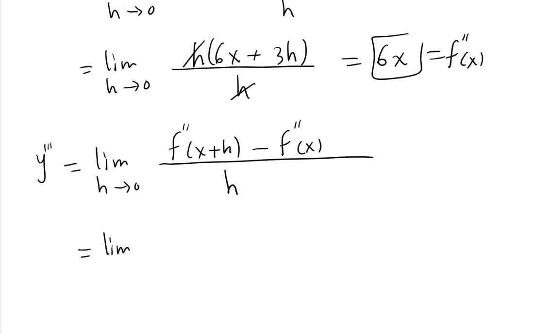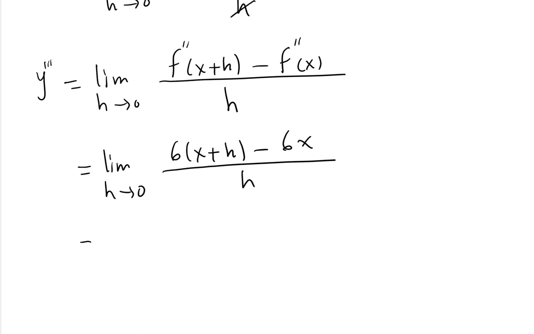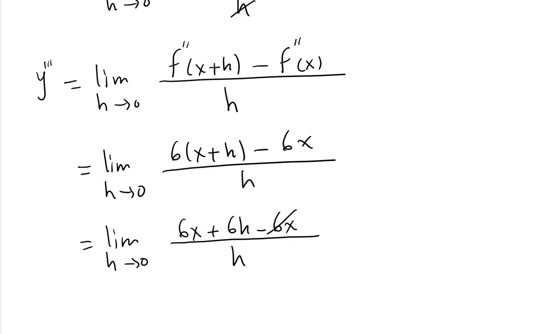So for this one, we replace x with x plus h minus 6x over h. Here we have 6x plus 6h minus 6x all over h. These cancel out and the h cancel out, so all we get is just simply 6.